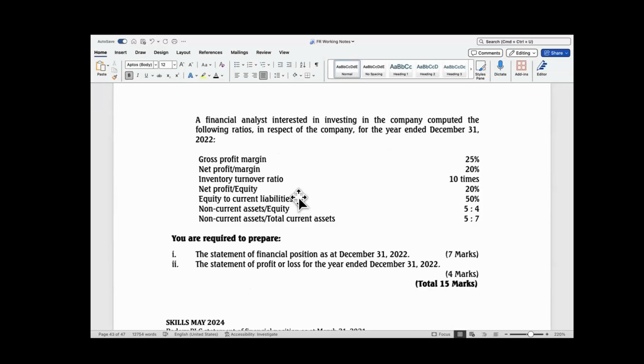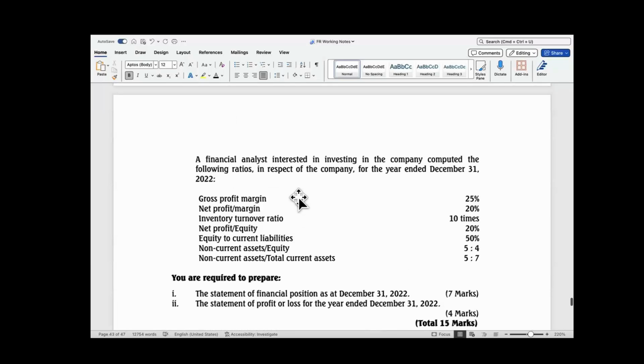Inventory turnover ratio 10 times. Net profit to equity 20%. Equity to current liability 50%. Non-current assets to equity 5:4. Non-current assets to total current assets 5:7. You are required to prepare the statement of financial position as at December 31st, 2022 for 7 marks and the statement of profit or loss for the year ended December 31st, 2022 for 4 marks, total 15 marks.